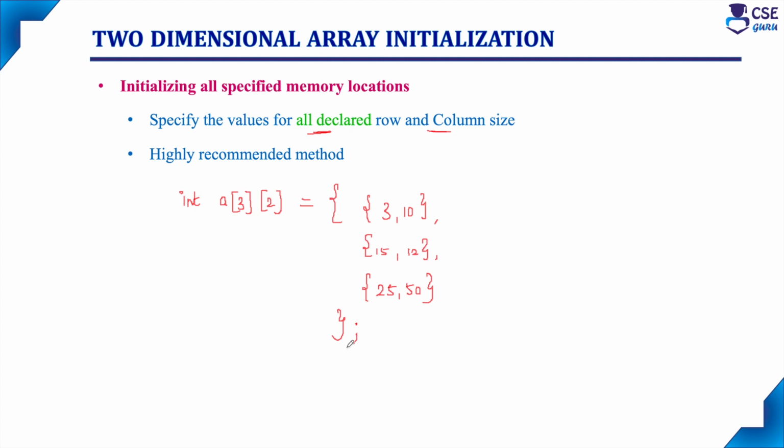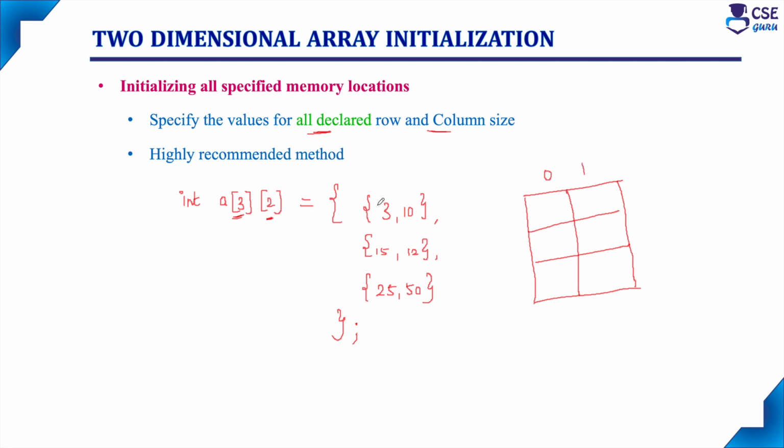And how will this be stored in memory? In row-wise, column-wise, tabular fashion. So create a table with 3 rows. Here the row size we have given as 3 and the column size is 2. So 2 columns, 0 and 1.